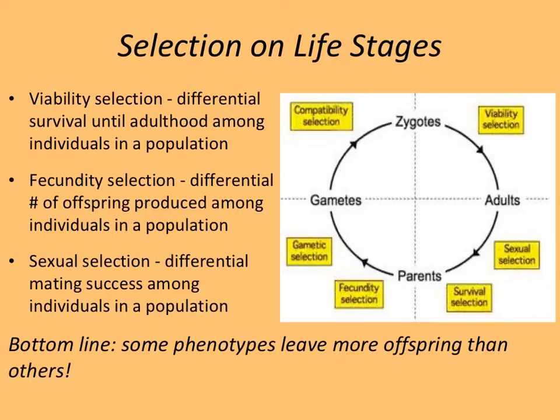Now, we've been talking selection, and mostly we've been talking about survival. But as you know, a lot of organisms have a life cycle. They start out as a zygote, that means two gametes coming together. There's something called purifying selection.